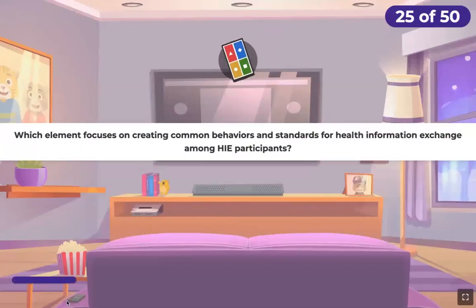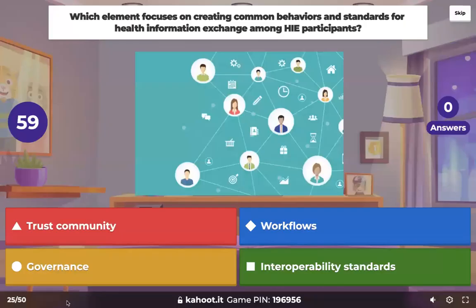Here we go. Which element focuses on creating common behaviors and standards for health information exchange among HIE participants? If you just joined, feel free to go ahead and put in the pin and join along.